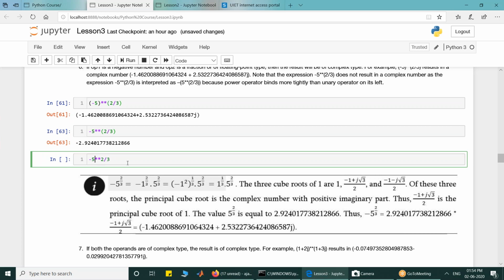So you have to see that the exponent operator binds more tightly than the operator on its left. So it would be binding more tightly.